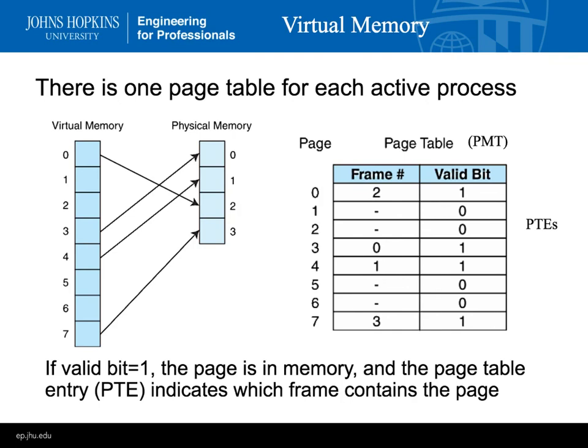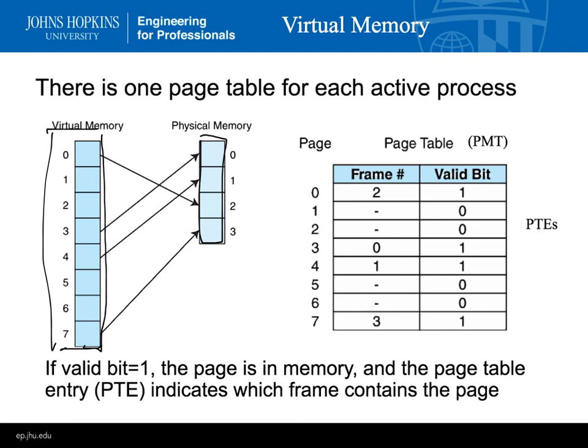So here's another simple example. Say we have a physical memory of 4 frames. Our virtual memory is going to be 8 frames. So we have the illusion of having 8 frames of memory, but we can only put 4 of them in physical memory.